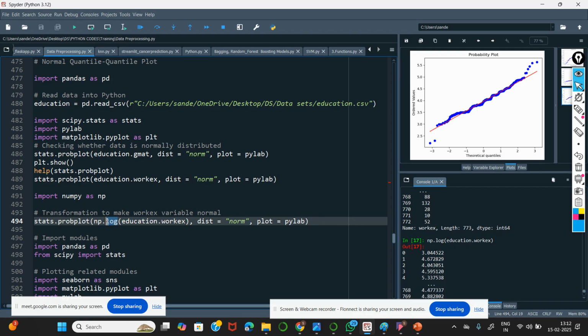Fine. Can I use something else? Yes, go for exp, exponential. Let me go and run it.